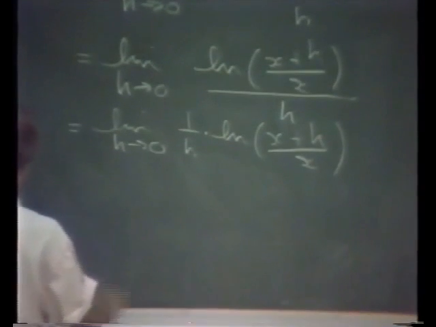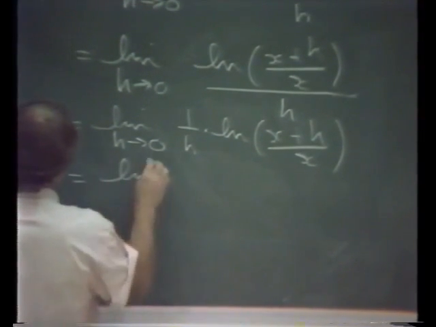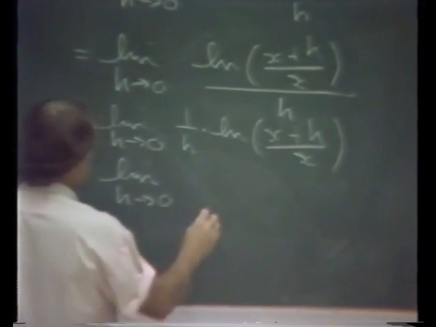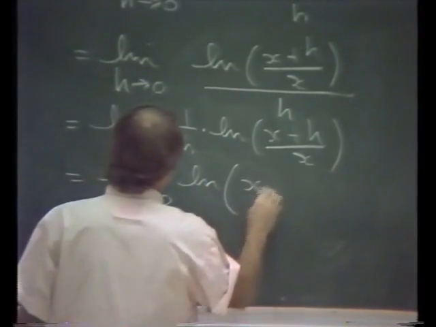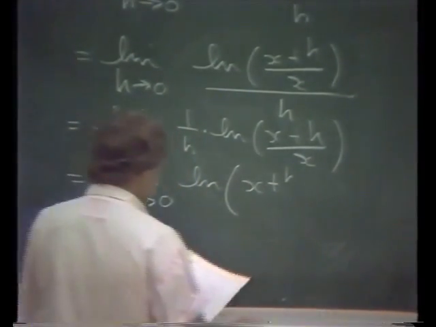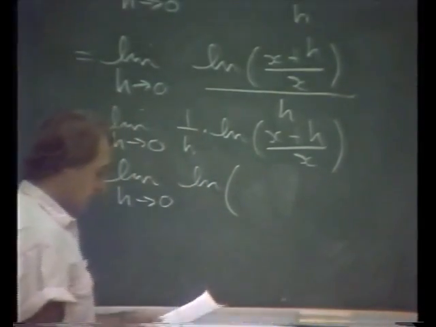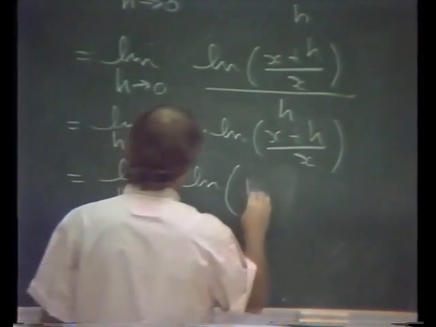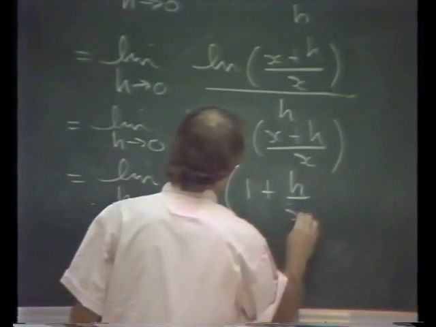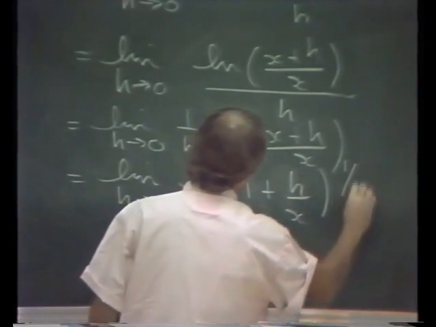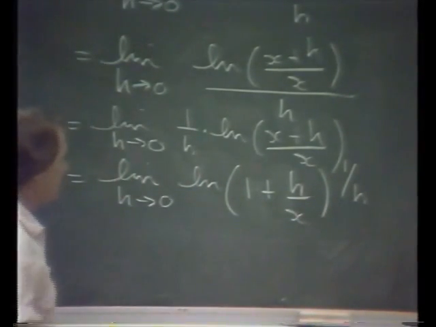Okay? So that is equal to the limit as h tends to 0 of the natural log of x plus, well, let's not write it as x plus h, we can simplify that further. Just divide through by the x, and we will get 1 plus h over x raised to the power 1 over h.